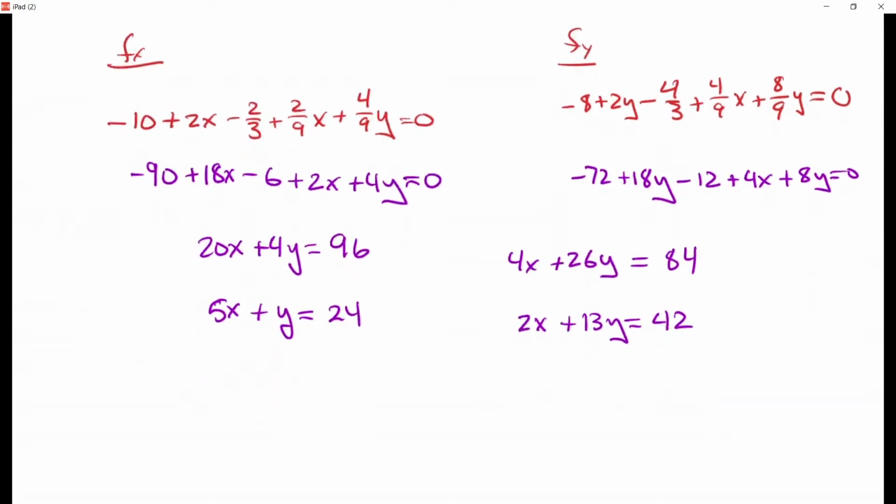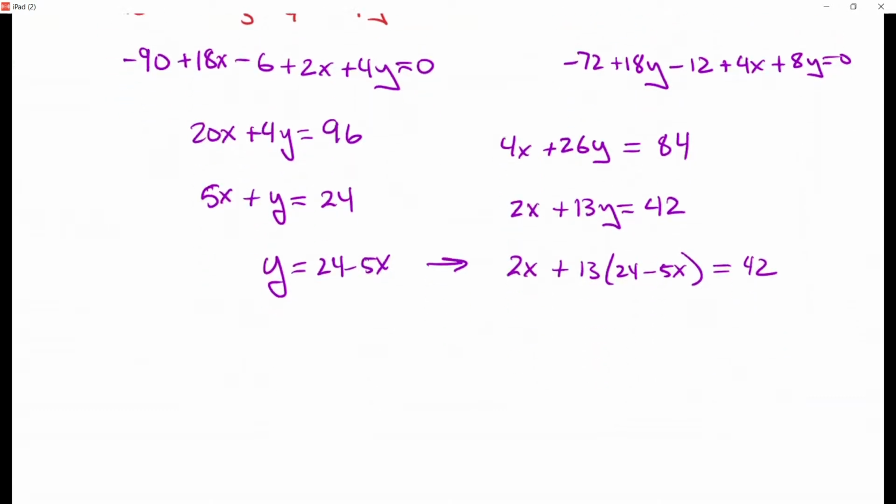So that'll simplify things because I could do this. y equals 24 minus 5x. Stick that over here. Okay, 13 times 5, 65.